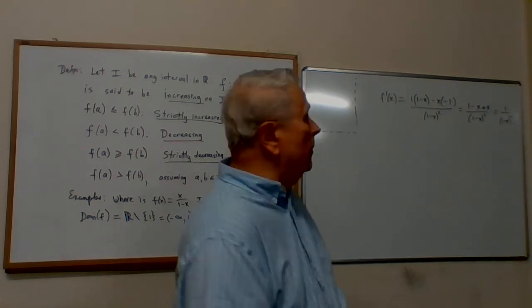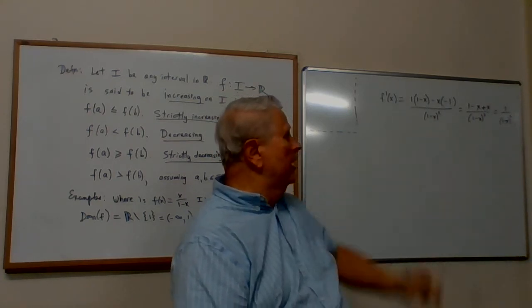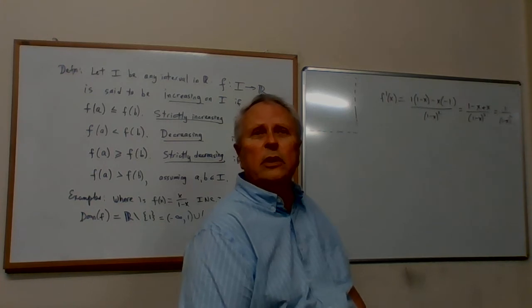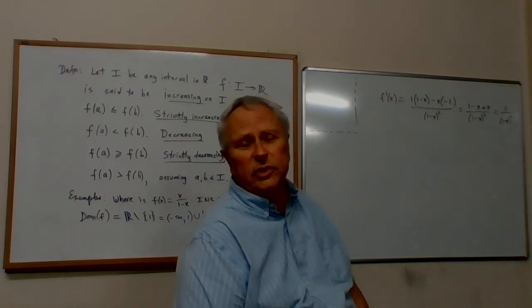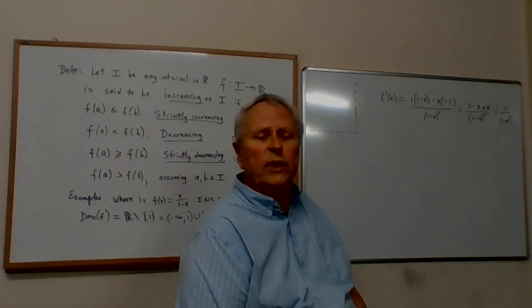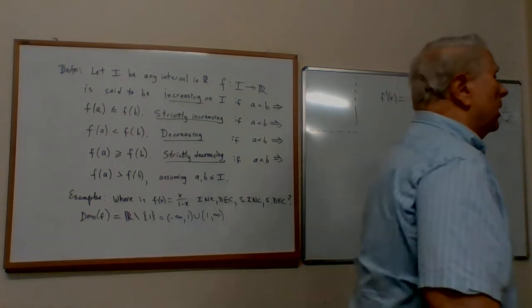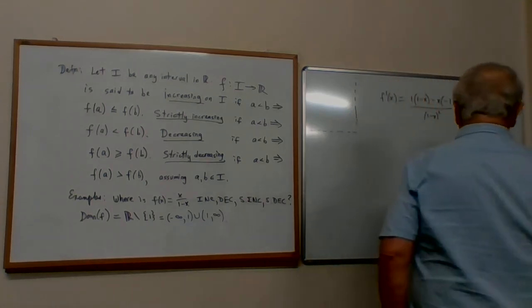Now, what is the sign, the SIGN, of that derivative? It's positive on top, it's positive on the bottom. The sign is it's greater than 0. So this function is always strictly increasing on this domain.